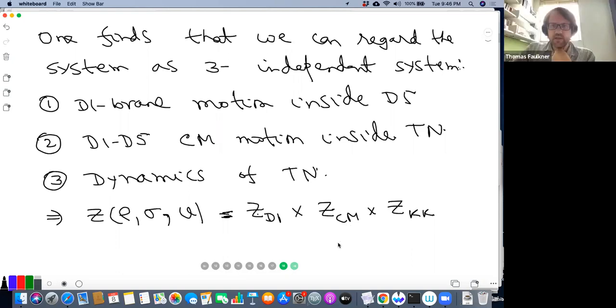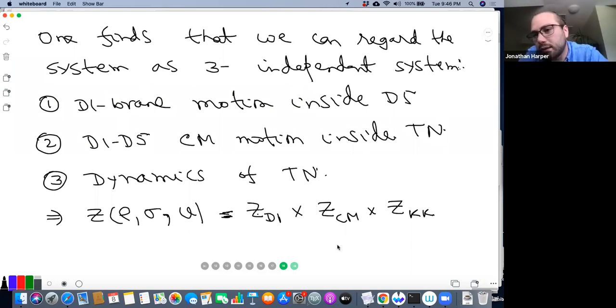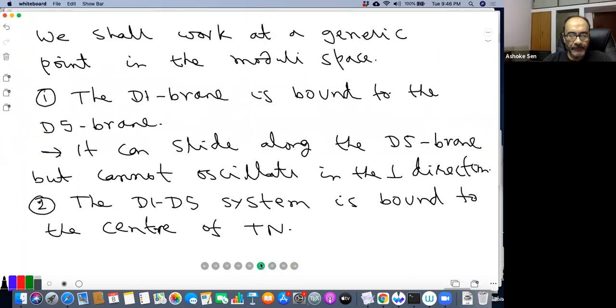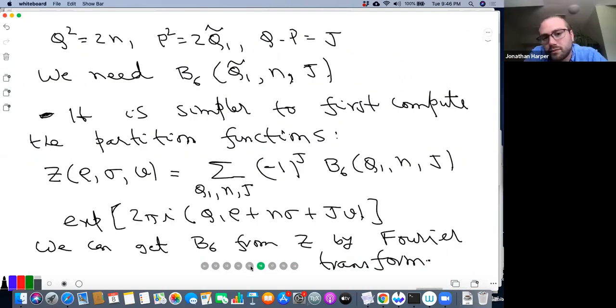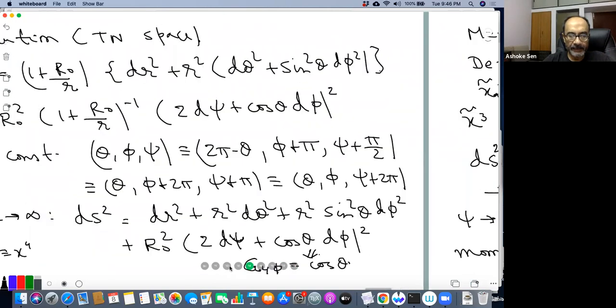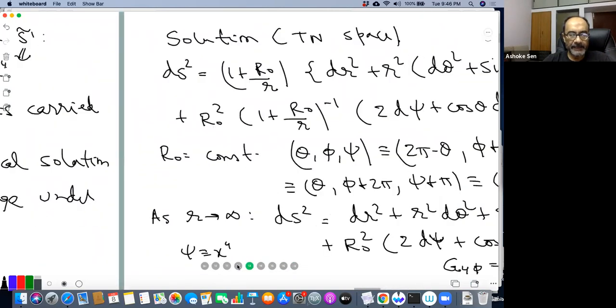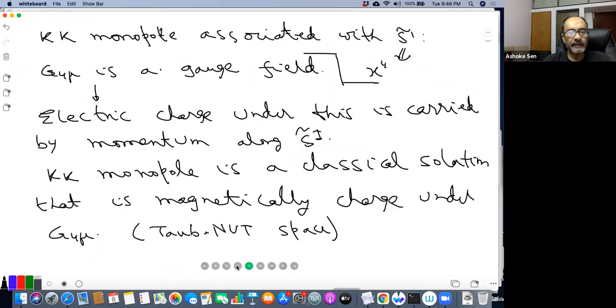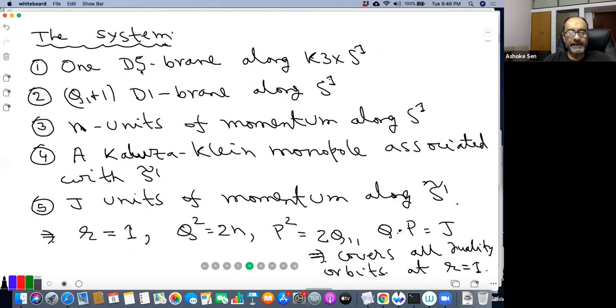Any more quick questions? Can you explain how, in the description in the type 2 string theory, you are restricting to R equals 1? Oh, what we can do is that each of these charges you can convert to the heterotic side, because there is an explicit map between any charge on the type 2 side to any charge on the heterotic side.